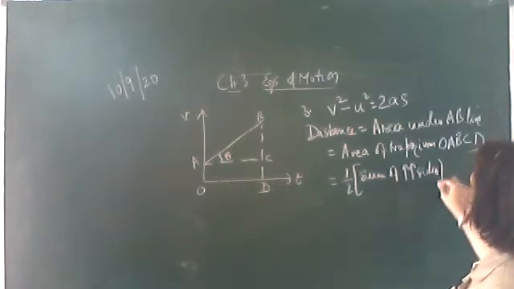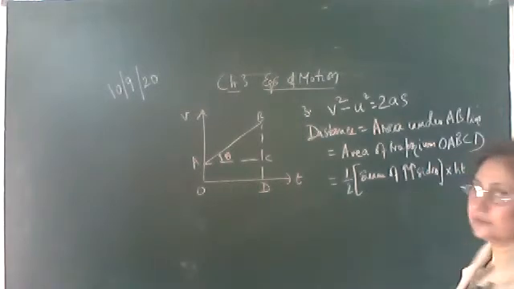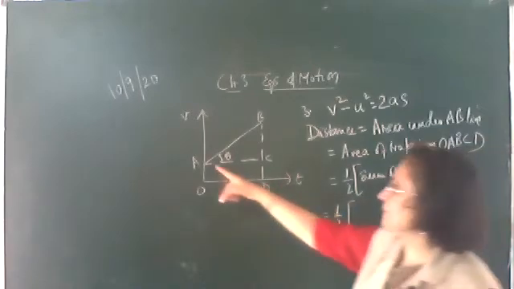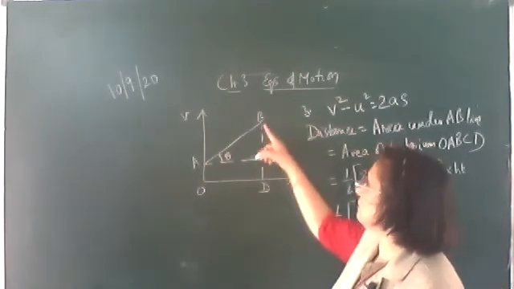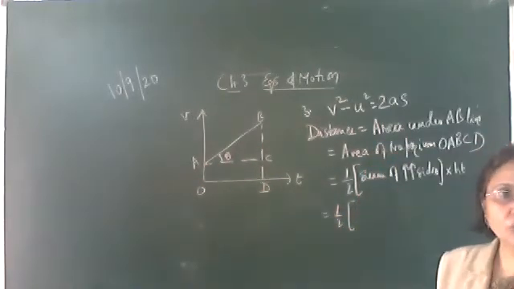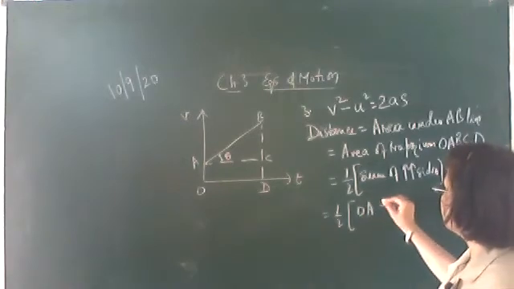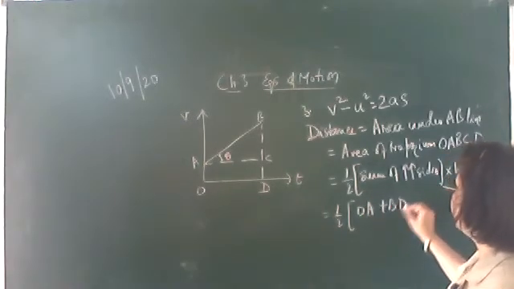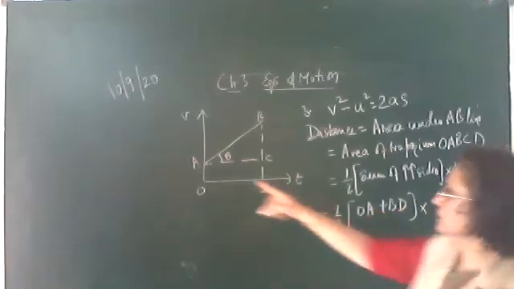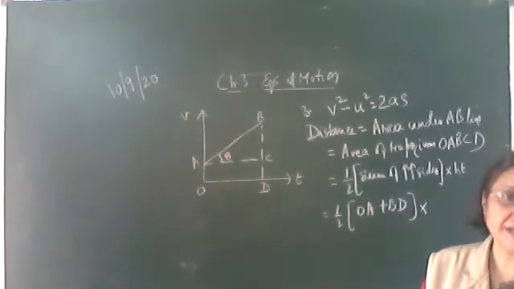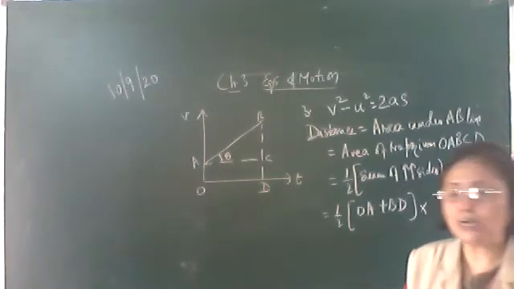Which two sides here are parallel? OA and BD are the parallel sides. So the sum of the parallel sides means OA plus BD, into the height, this distance AC, or you can write it to be OD. AC is equal to OD.